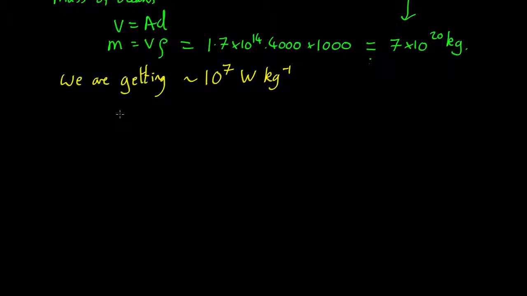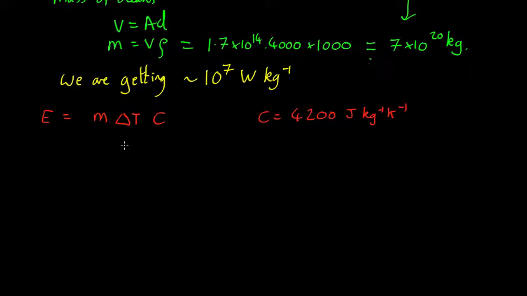Now we know that to increase the temperature by an amount delta T of something, the energy needed is equal to the mass times delta T times the specific heat capacity of whatever it is you're warming up. So in this case, for water, that's 4,200 joules per kilogram per degree.